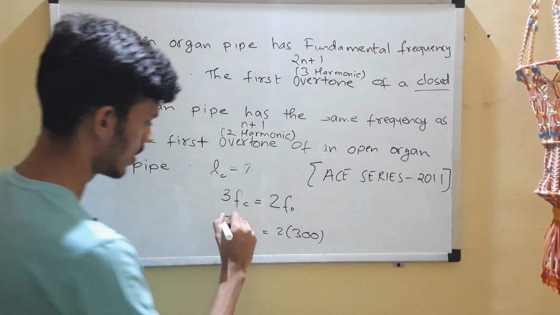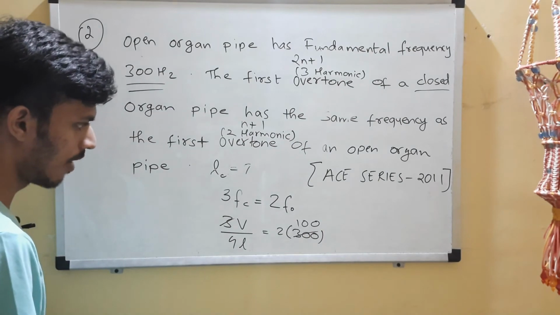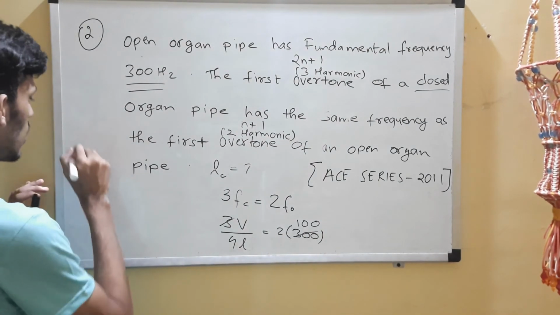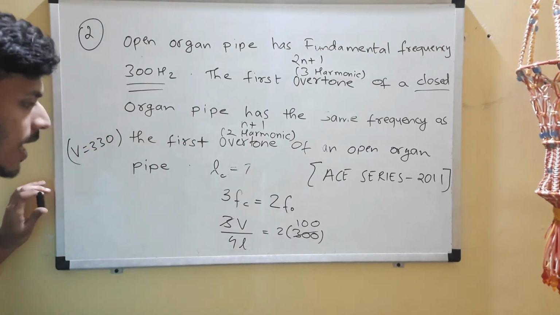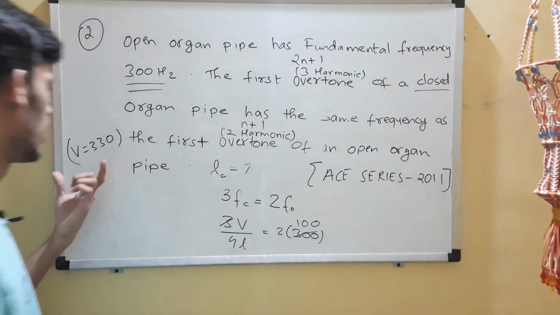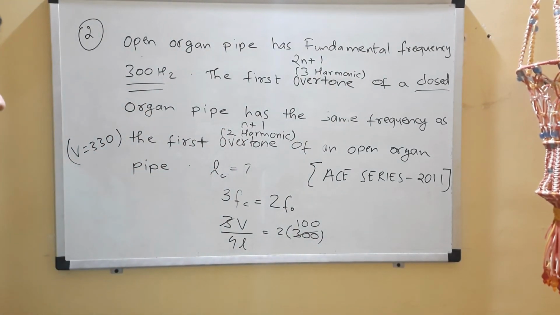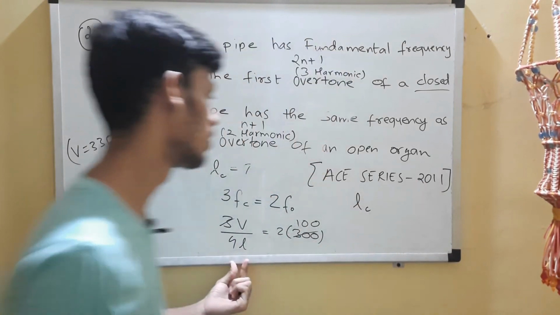So this and this can get cancelled as 100. And what do we have now? The velocity of sound, it was given in the question, sorry for not mentioning, it is 330 meters per second. So in place of V you can substitute 330 meters per second. Now we are supposed to find L, the length of the closed organ pipe.